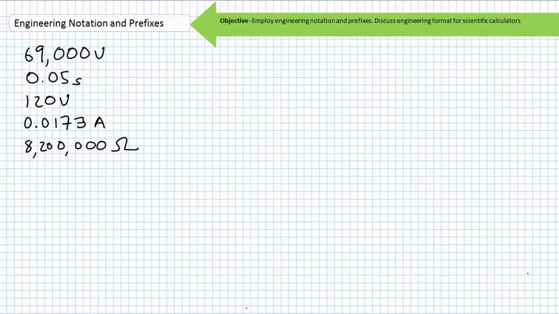Our first example, 69,000 volts, can be represented by 69 followed by 3 zeros, meaning this is 69 times 1,000, or 10 to the third. 10 to the third could be replaced by the kilo, or k prefix. Therefore, this number is better represented as 69 kV. The second example is a little tricky.